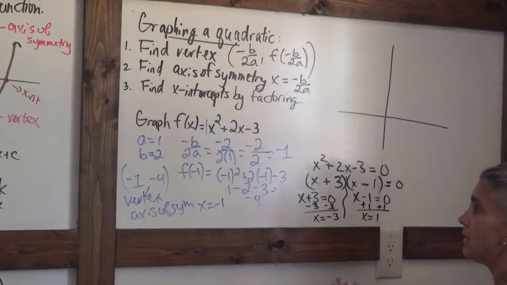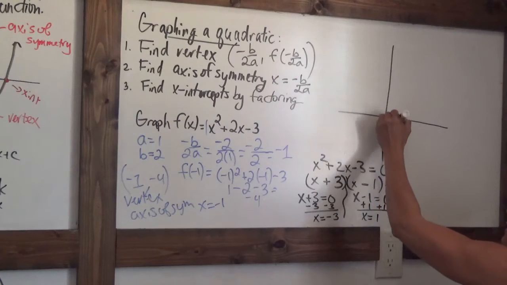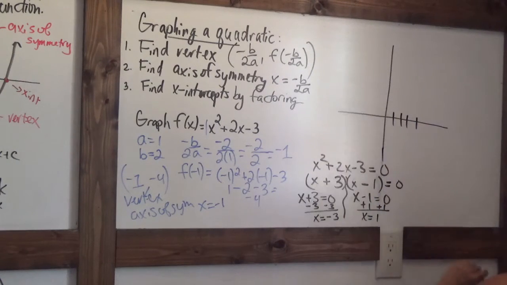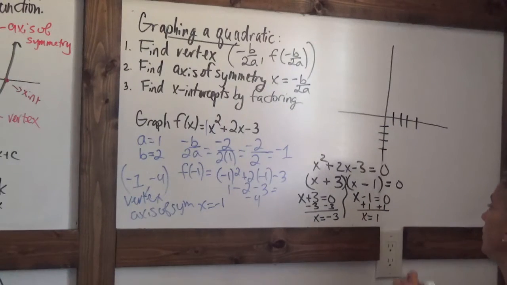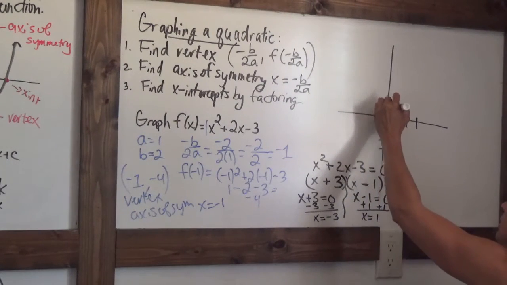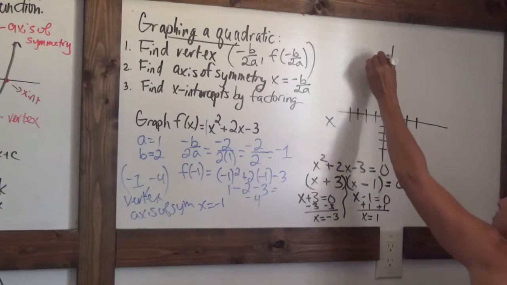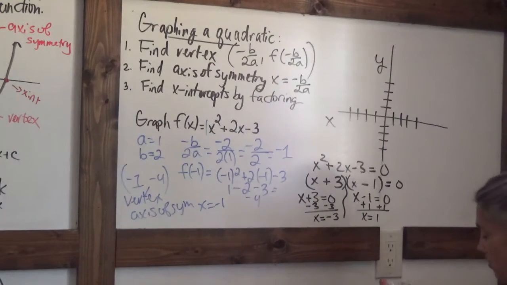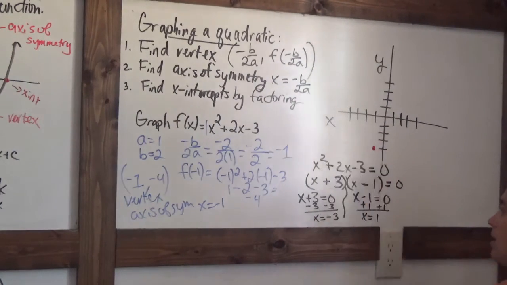So we need to now graph all these points. So make an x and a y line. Let's see, it's going all the way down to negative 4. My x-axis, my y-axis. All right, so let's plot our vertex first. Negative 1, negative 4, which is here. Let's plot our x-intercepts.